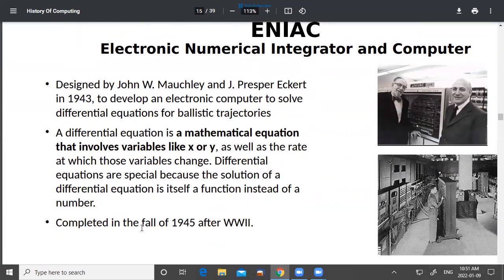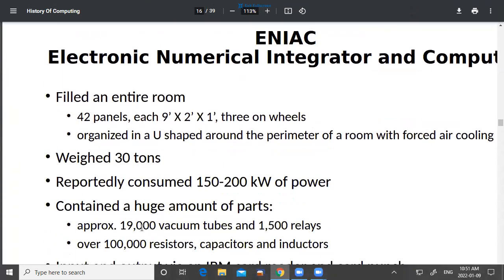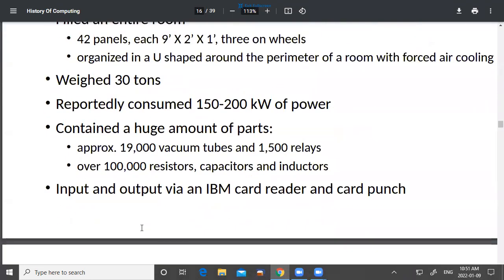So the ENIAC. Now we're going in our history back to the United States after the war. They're building these large computers, and again, they didn't think they'd need too many of them, but they were using them for, as I said, the census after the war. You can see that it was kind of big, 42 feet by 9 feet tall by 2 feet wide.